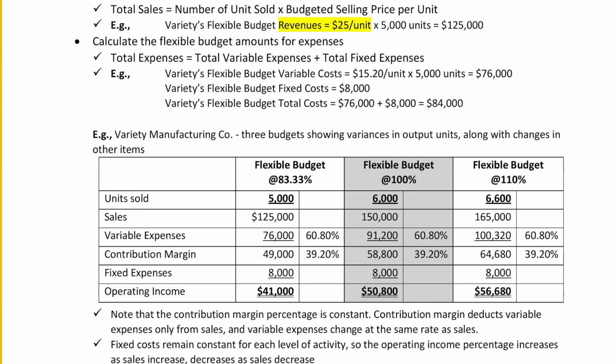Then you would calculate the flexible budget amounts for expenses. In the example we've seen, the flexible budget variable cost is $15.20 per unit, and fixed costs are $8,000.